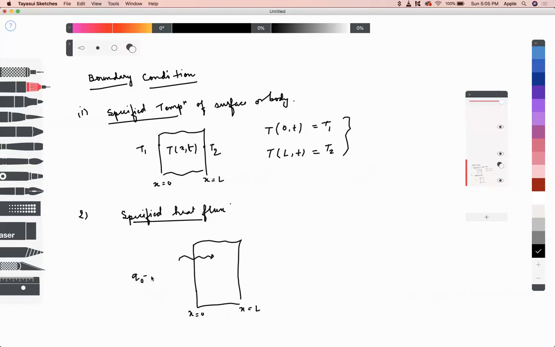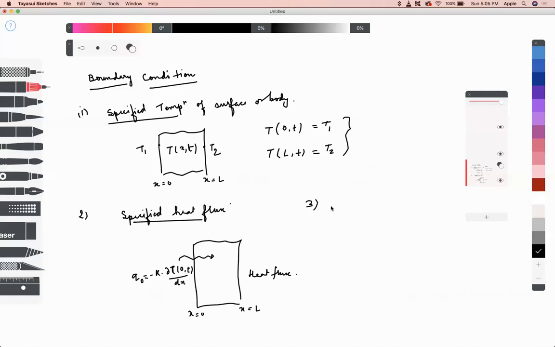This is q naught equal to minus k into dou T at location 0 at time t with respect to dx, whatever value it is. Okay, this is how you can specify heat flux on a particular surface.